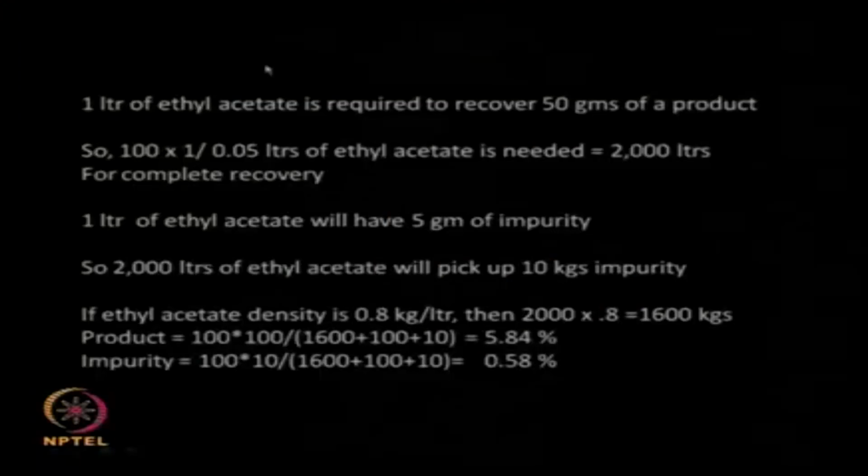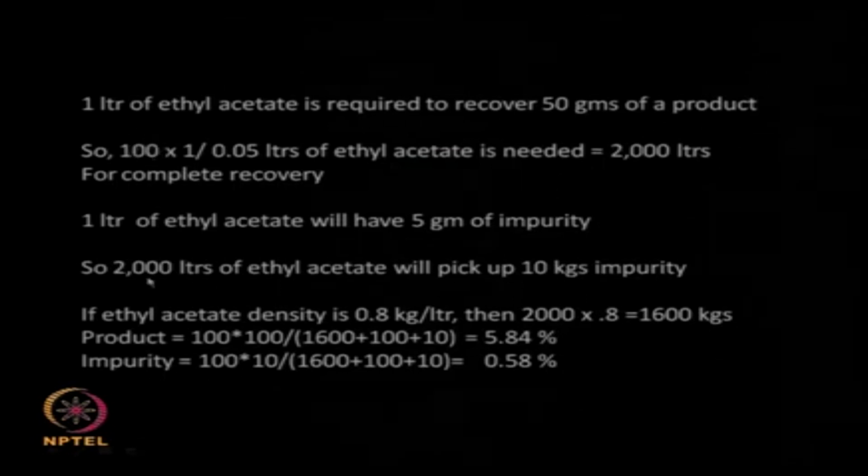If your contact time is very little, all the solute or product is not extracted. But this is a theoretical ideal situation. So you need 2000 liters of ethyl acetate to recover all the 100 kg of the product.